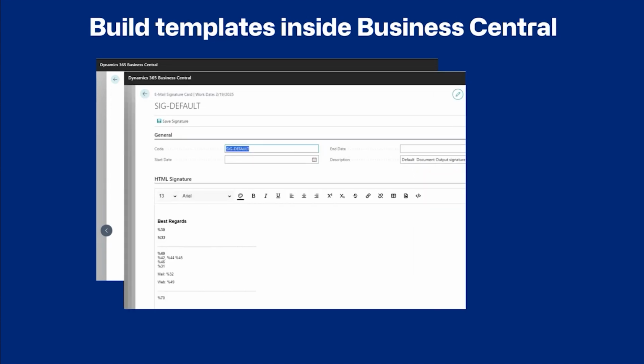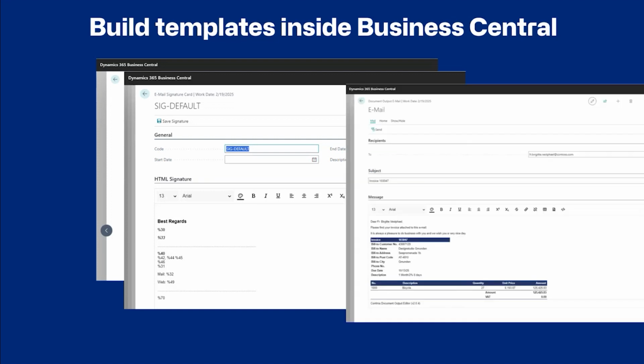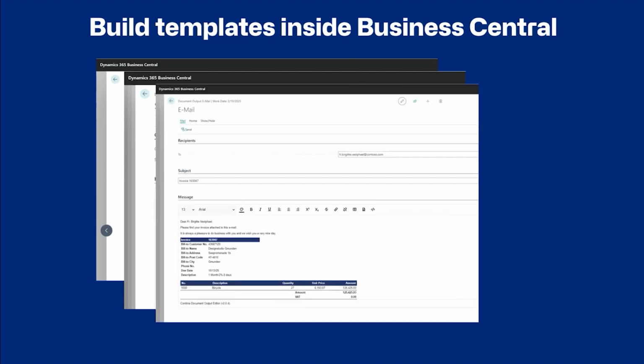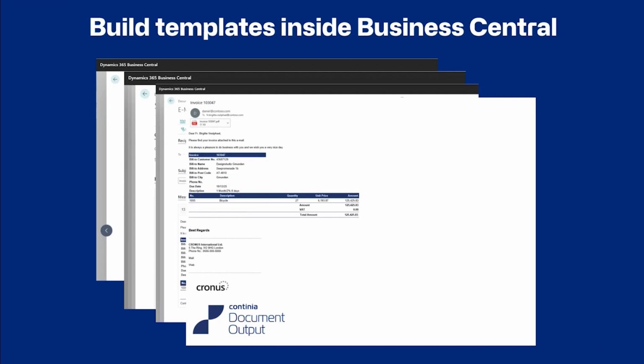And you can even pull in sub templates with even more data that will all add up to a message that would look something like this as an example. And the final result will then be completely to the way that you've customized it for the specific recipient. And this is handled and applied automatically by Document Output.